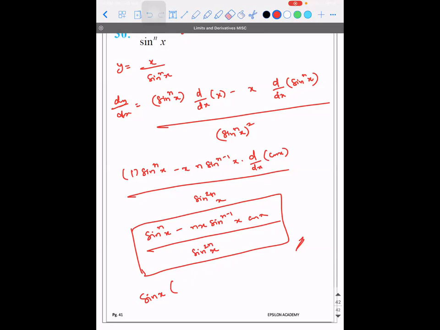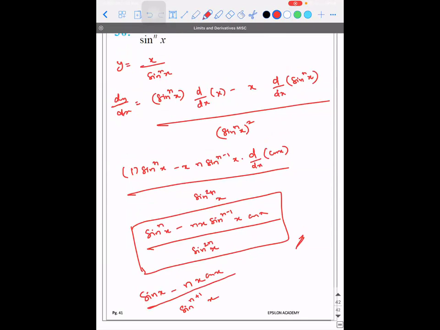Sin x minus n into x cos x, the whole divided by sin raised to the power n plus 1 into x. Okay. They took out. It's the same.